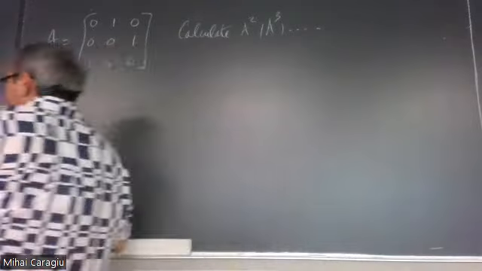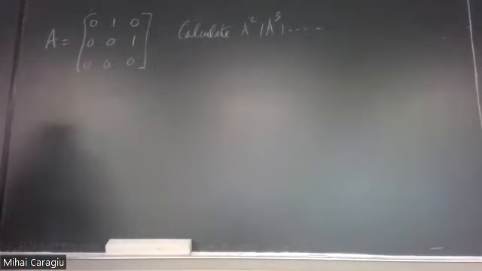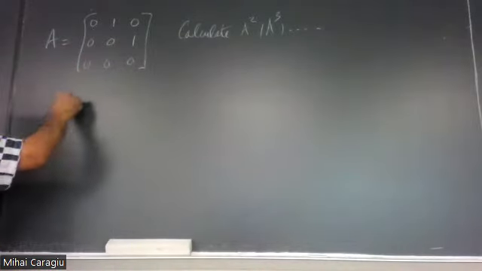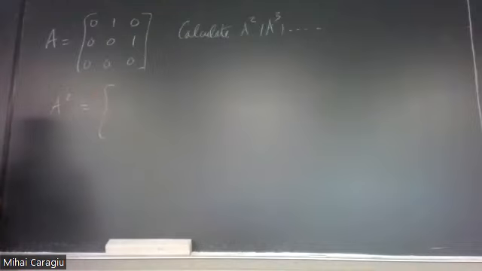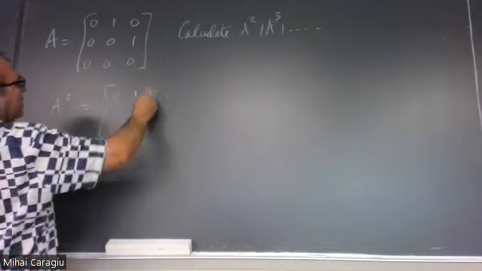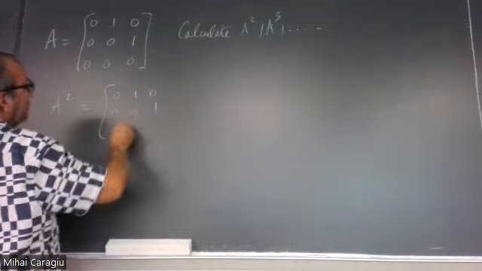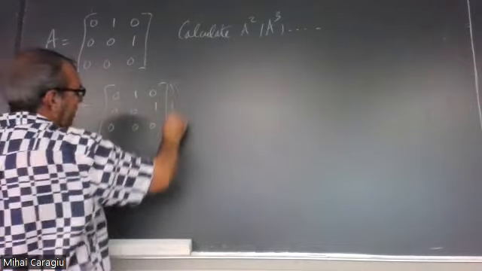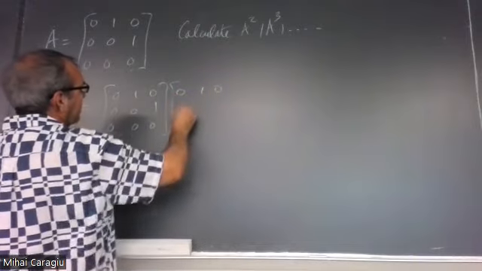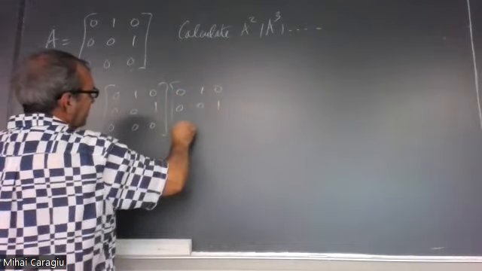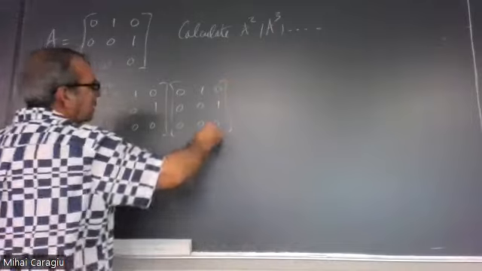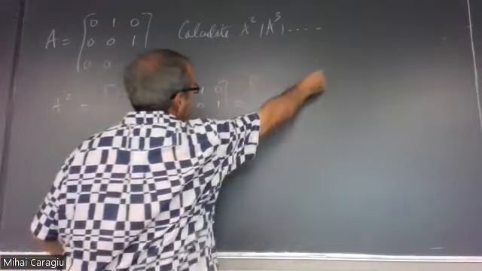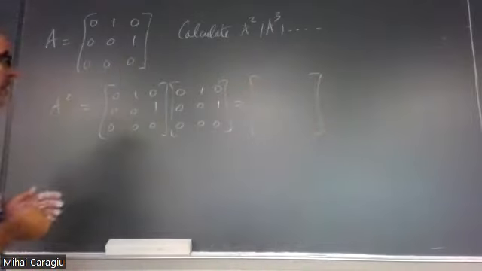So let's see what we get. A squared will be the matrix multiplied by itself. So 0, 1, 0, 0, 0, 1, 0, 0, 0, multiplied by itself, 0, 1, 0, 0, 0, 1, 0, 0, 0. It will be a 3 by 3 matrix, since a 3 by 3 with a 3 by 3 is a 3 by 3.